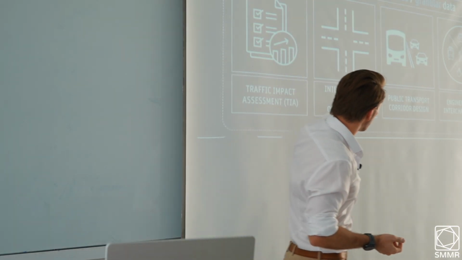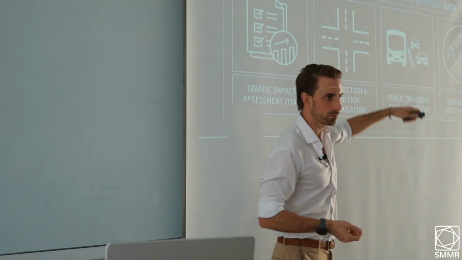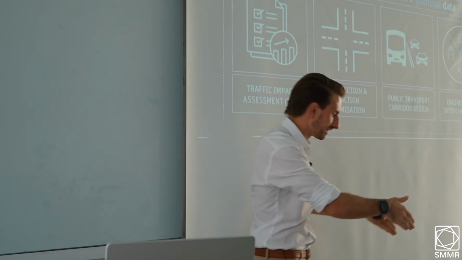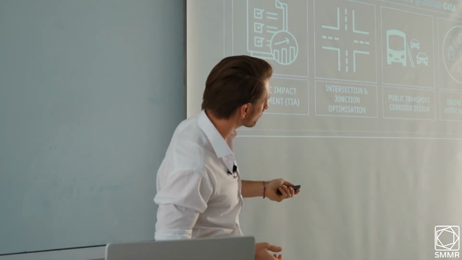Traffic engineer will also work on public transport systems. The job won't be to find where to put the corridor, but instead will be how to design the corridor once the planner has found the best location. The engineer will have to design it in more detail.